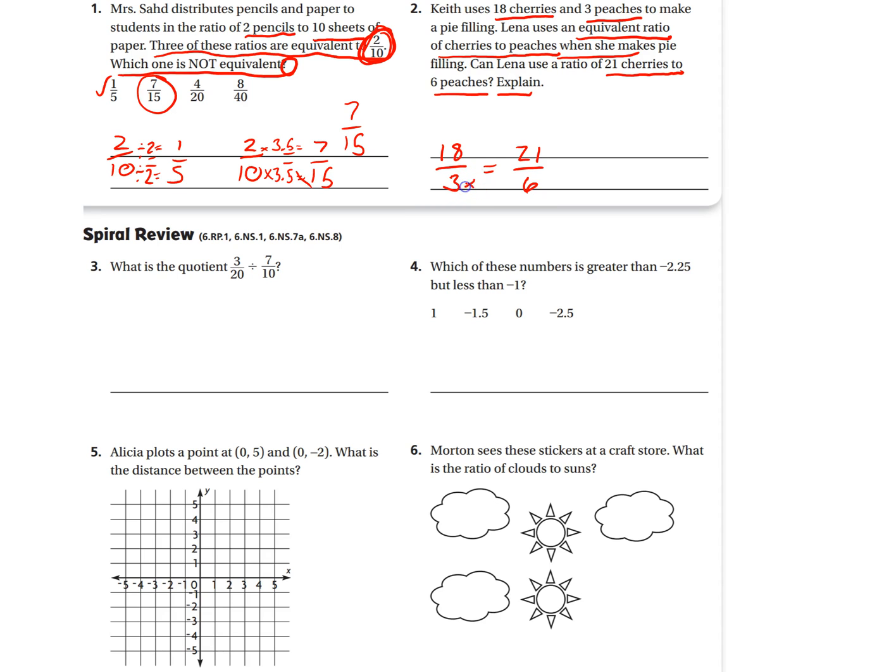So let's see, I can multiply 3 by 2 to get 6. If I multiply the bottom by 2, I have to multiply the top by 2. And 18 times 2 does not equal 21. So no, 21 to 6 is not an equivalent ratio.